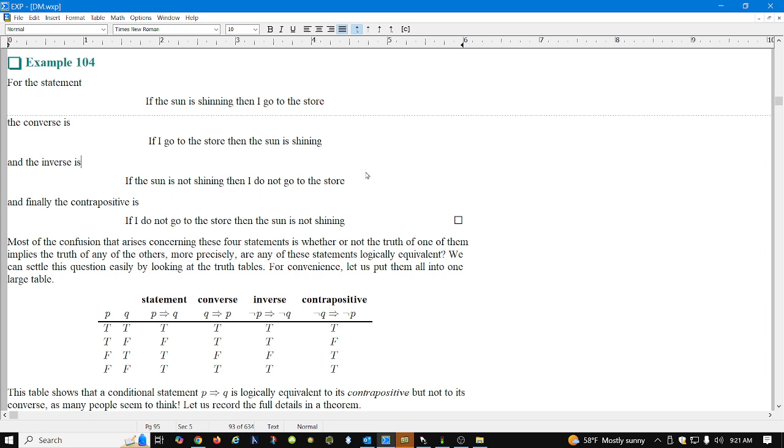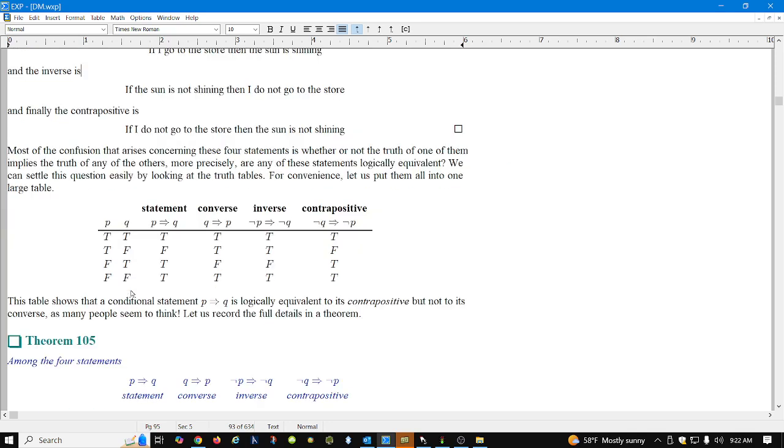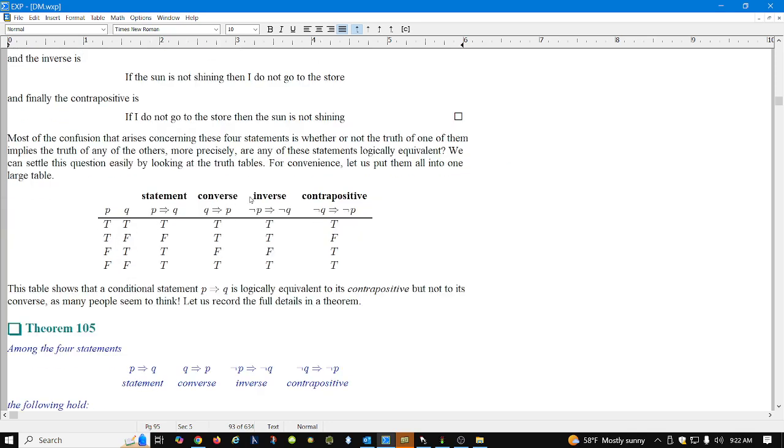Now, most of the confusion that I see among students and among non-mathematically oriented types is which of these statements are logically equivalent. Well, it's easy to check with the truth tables. And so I've written one truth table that has all four of the statements in question.